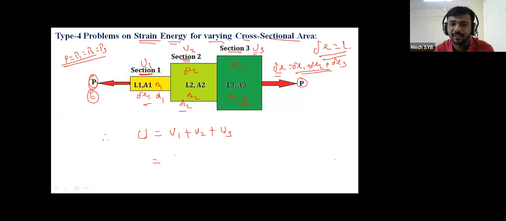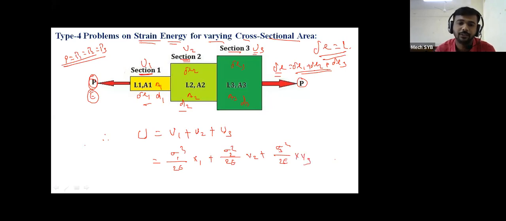And this U1 means sigma 1 square upon 2E into V1, plus sigma 2 square upon 2E into V2, plus sigma 3 square upon 2E into V3. This is the total strain energy formula.